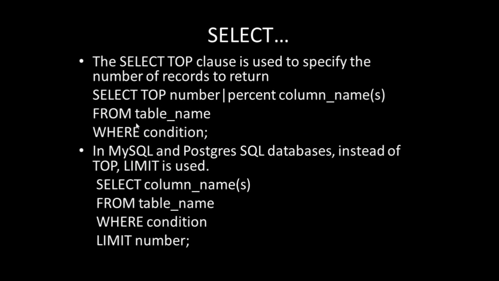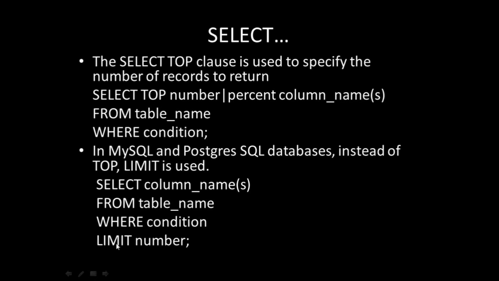But remember one thing, when you are working with MySQL or PostgreSQL databases, there is no command called top. Instead, we have to use limit. Observe this syntax. Top we use immediately after select, but here: select column name from table where condition limit number of records.